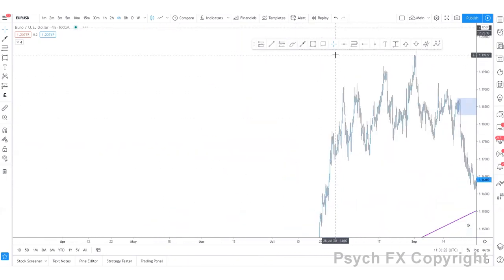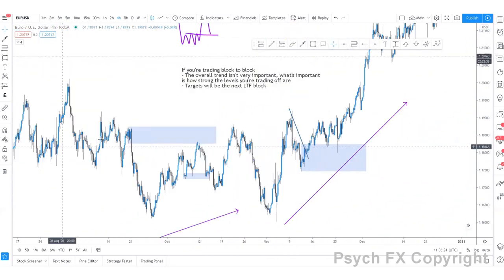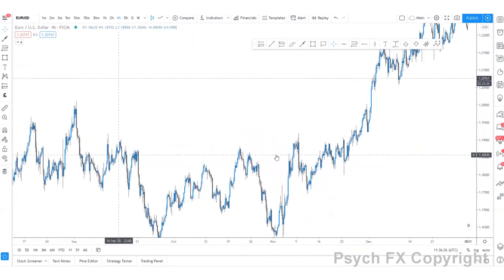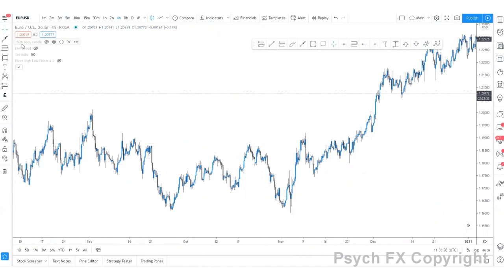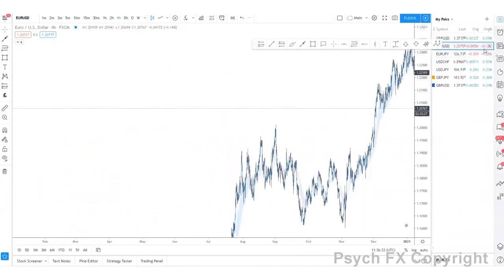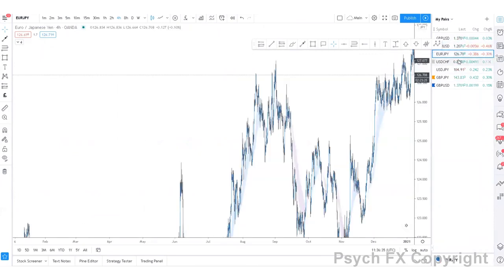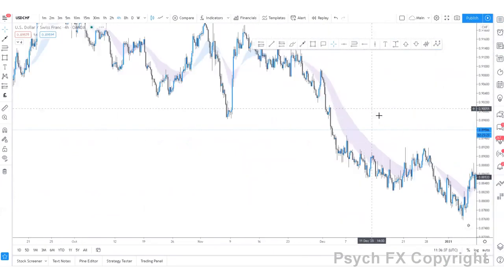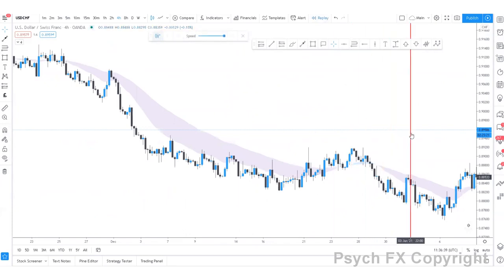And so an example of me doing this, if we just get rid of all of this, so let's say that we're using the cloud in this example. Let's change pair. Okay, so we can see at this point that we are bearish.